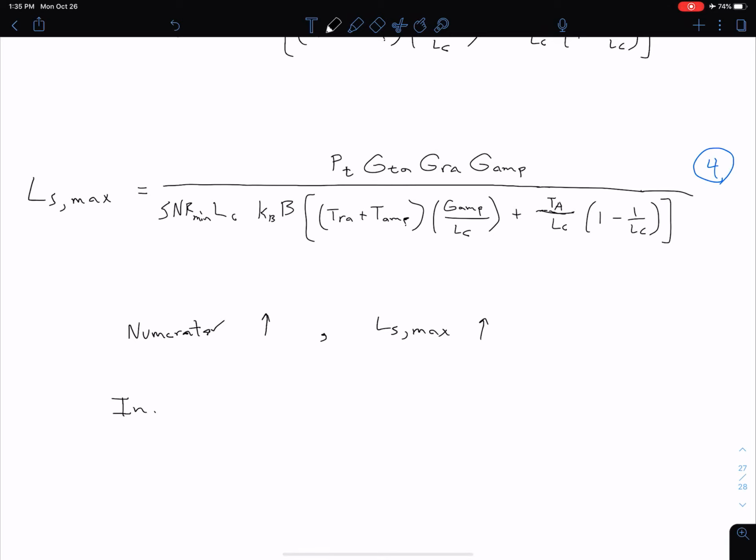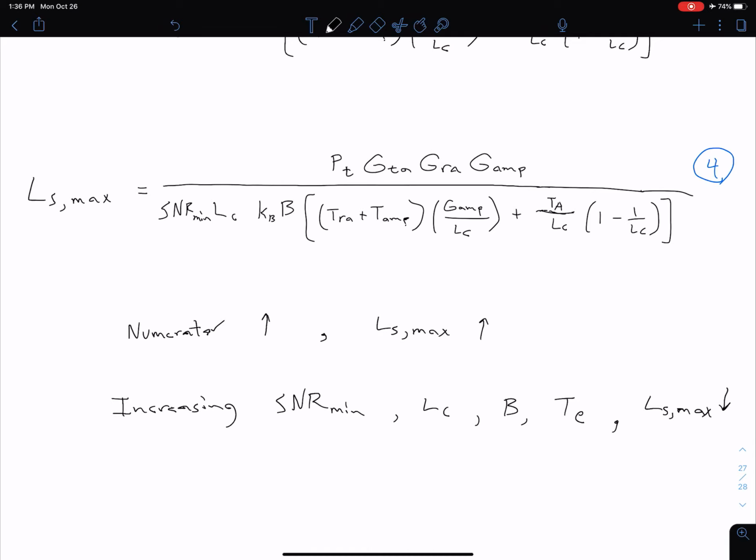So if we're increasing, for instance, our minimum allowable signal to noise ratio, so it has to have a better signal to noise ratio, our cabling loss, our bandwidth, or any of our effective input temperatures, then that corresponds to a decrease in our LS max.